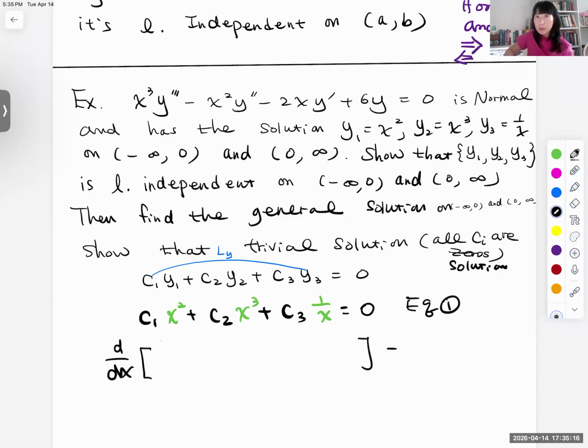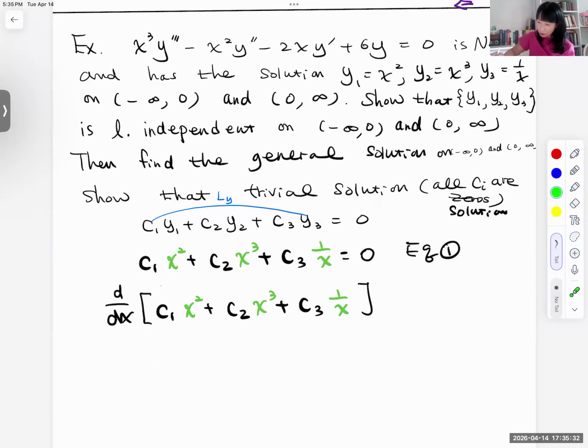So let me copy. While copying, you think, what's the derivative of that? So that will be the derivative of x squared, 2x, and c sub 1. The derivative of x to the third power, 3x squared, c sub 2. And the derivative of x to the negative 1: drop the power, reduce by 1, so negative x to the negative 2.